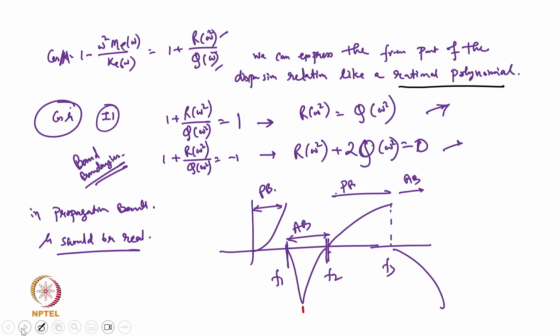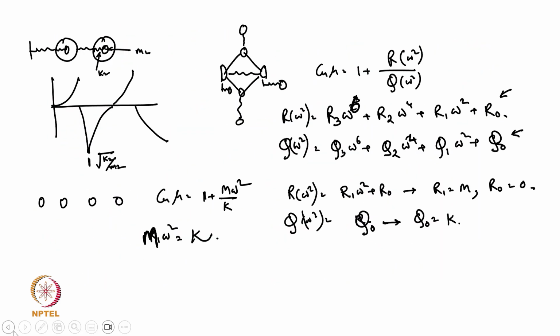Sorry, I made a small mistake. It should be minus. So here r1 equals minus m omega square. So you see that the first equation was r omega square should be equal to q omega square. So that equal to 0. Sorry.